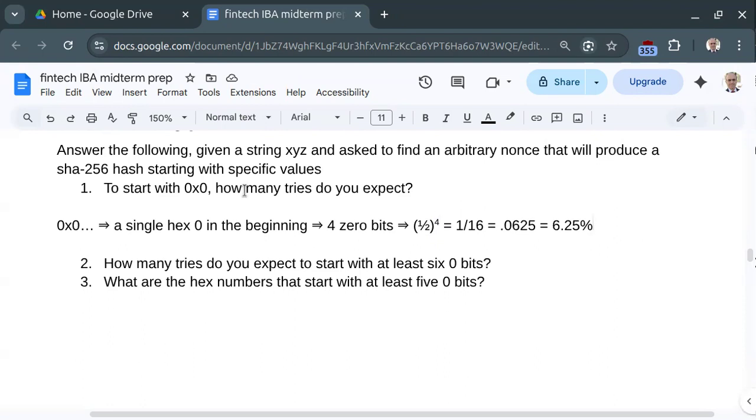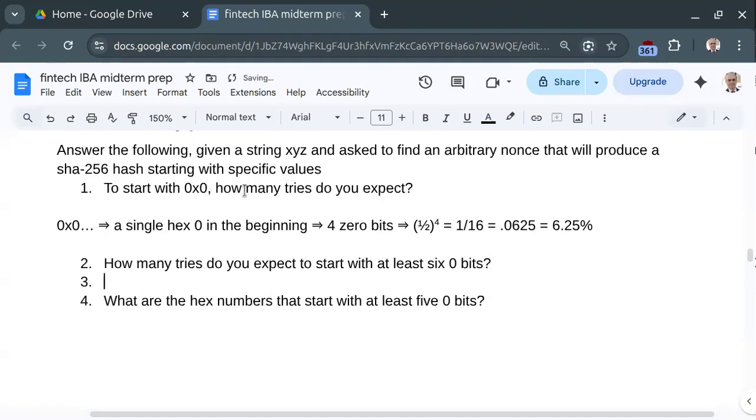That's your probability of getting a hexadecimal number that starts with a 0 hex digit. Be careful, this is a 0 hex digit, not a binary digit. Is everybody okay with that now? Yes, sir. Okay, good.